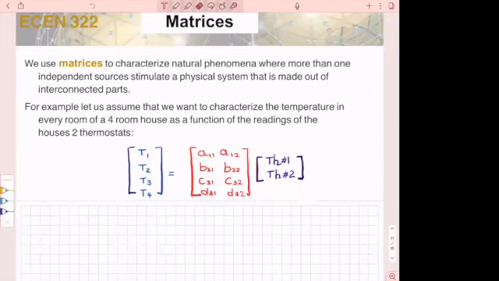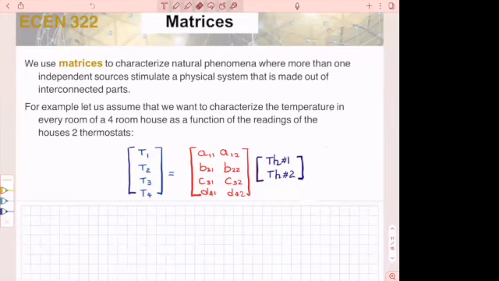Now, by doing that, you create a matrix, which we will call a transfer matrix, all right? It's like you have a system and then you create that matrix with a little bit of calculations, which I can always use if I turn my thermostat 1 to this value and thermostat 2 to this value, then I can project what kind of temperature each of the 4 rooms is going to have in this particular case.